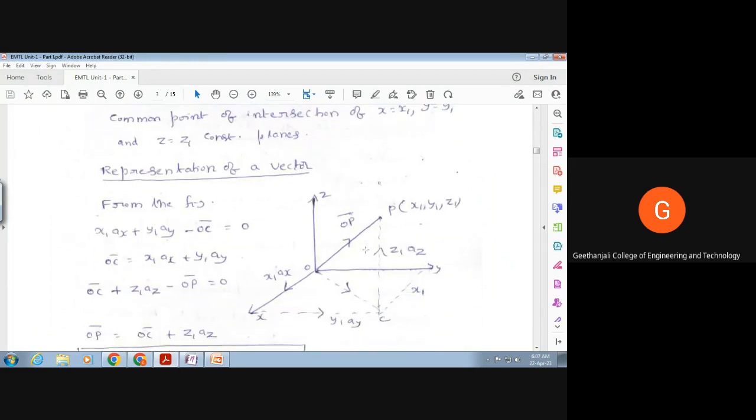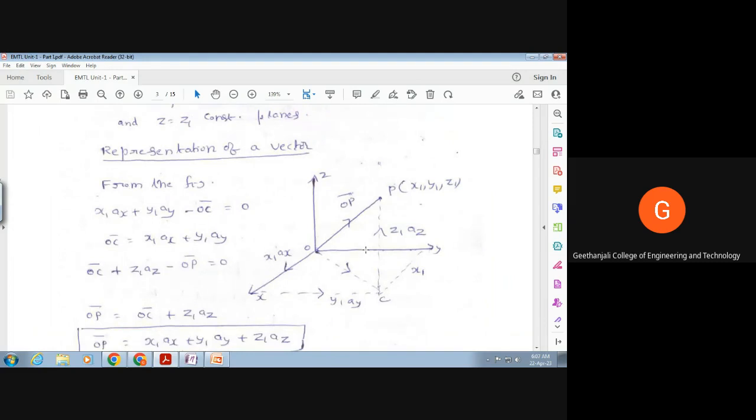Now, representation of a vector. Initially, let me consider a simple vector in the sense that it starts from the origin 0, 0, 0 and terminates at point P with coordinates x1, y1, z1. So the vector OP. From point P, when you drop a perpendicular onto the bottom plane, that is the z is equal to 0 constant plane, let the projected point be C. And as we have already seen, this distance is x1.